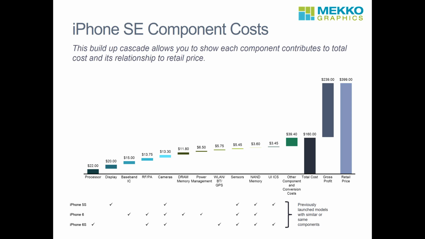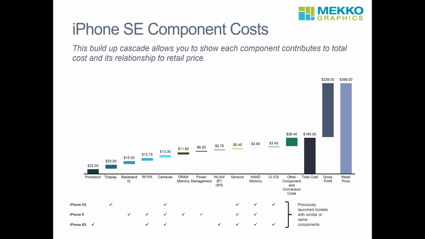But I like doing it as a Cascade for a couple of reasons. One is you can have a lot more categories in the Cascade because it's running horizontally, and your screen and your paper, if you're showing your PowerPoint, are both wider than they are tall.